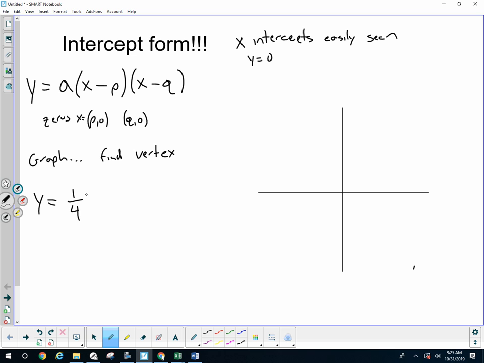Let's do an easy one. Don't do a hard one. x minus 3 x plus x minus 1. Let's do that.